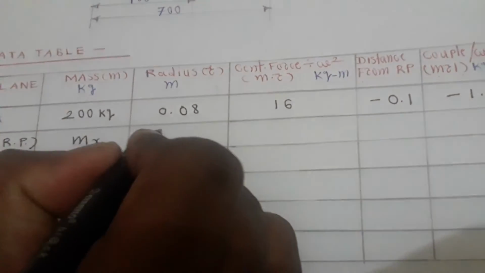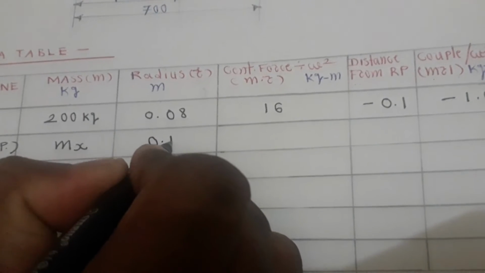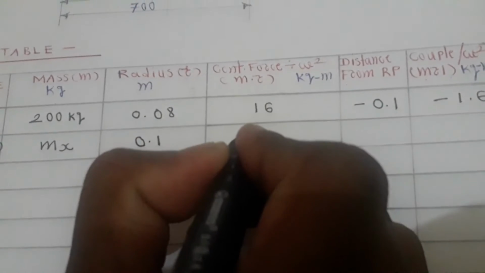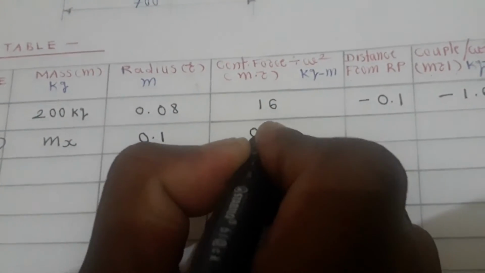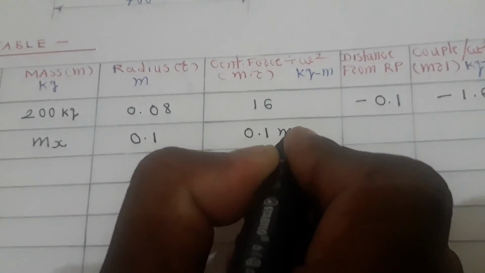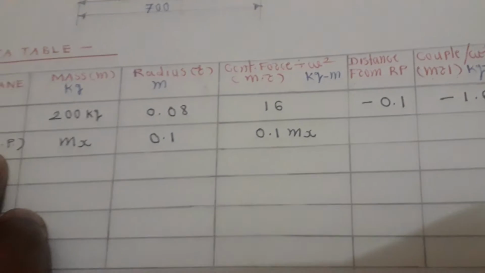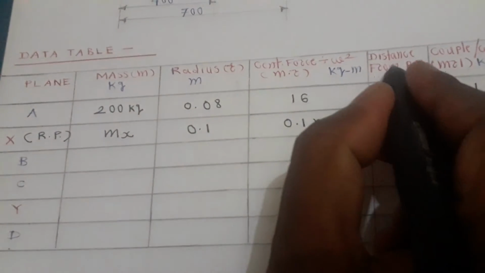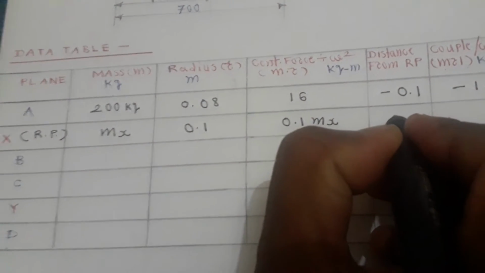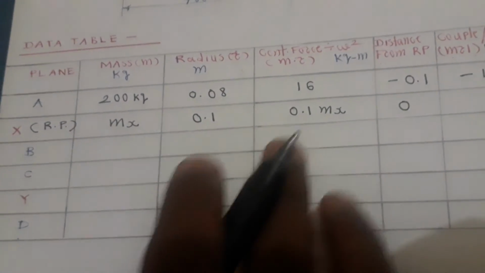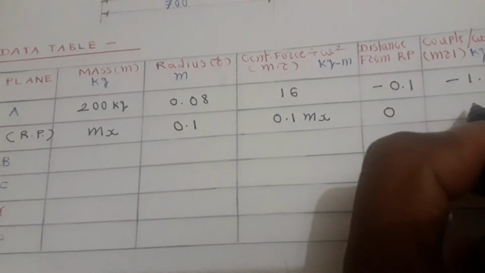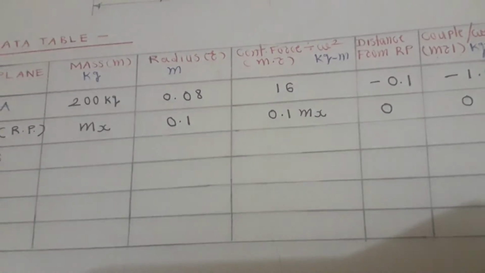The radius is 0.1, so this product we will get in terms of 0.1 mx. As it is a reference plane, the distance from the reference plane will be 0, and the product of these two will again be 0.